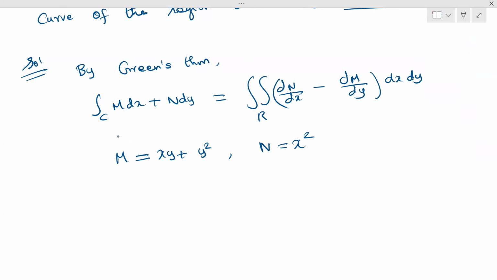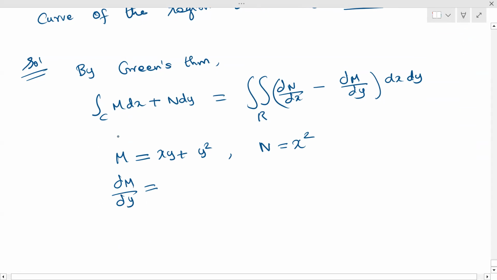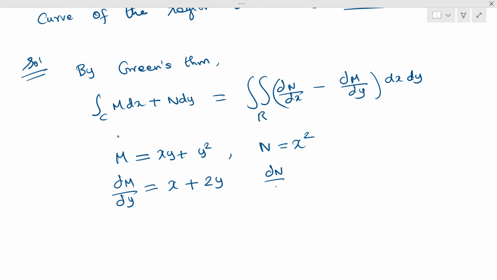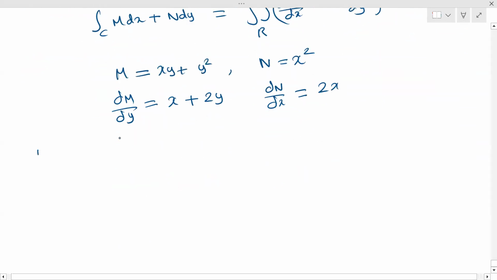So as per our statement, what we need is dou M by dou y. For dou M by dou y, we are doing partial differentiation with respect to y. So here x is the constant. So first one is xy, differentiation gives x, plus y square, differentiation gives 2y. Here dou N by dou x: x square, differentiation gives 2x. So first we are doing RHS. What is our RHS?